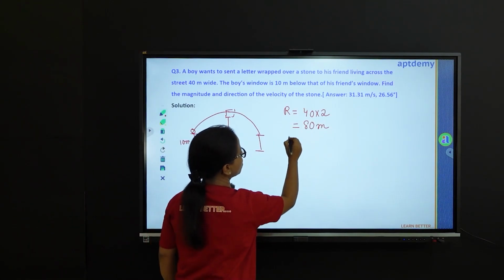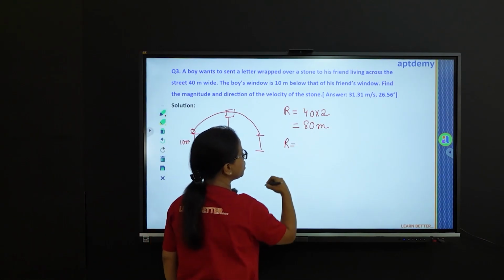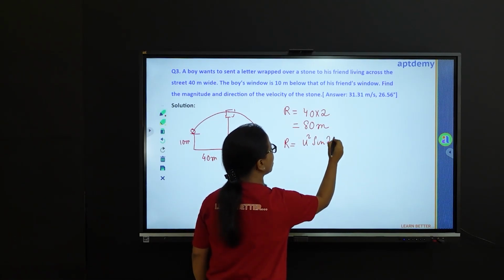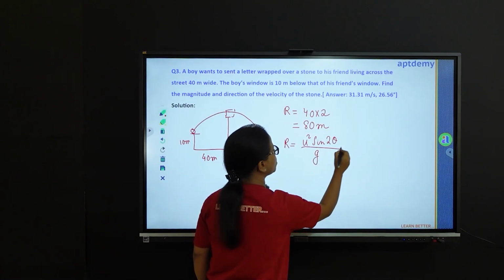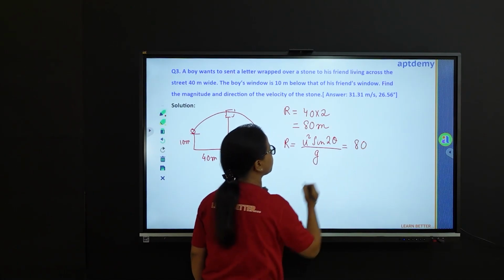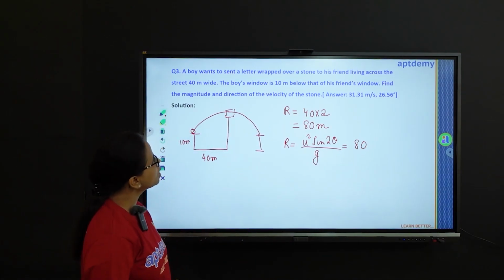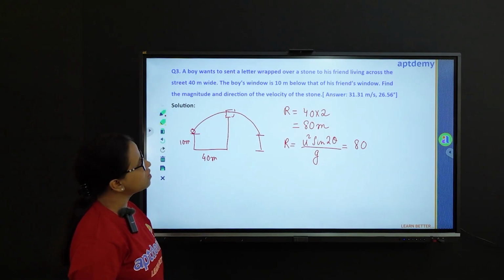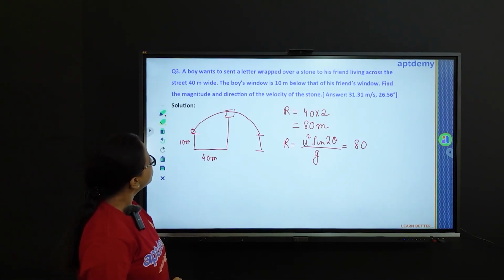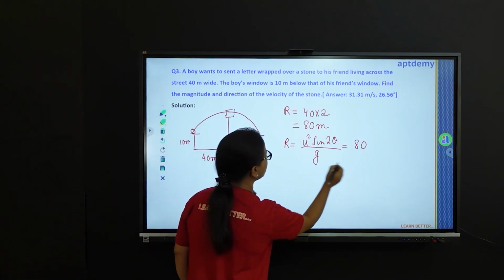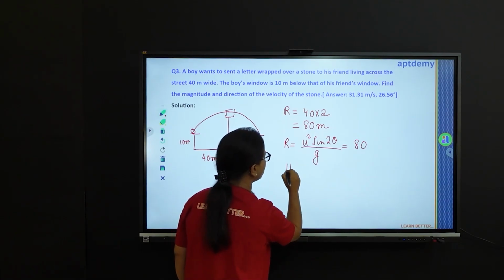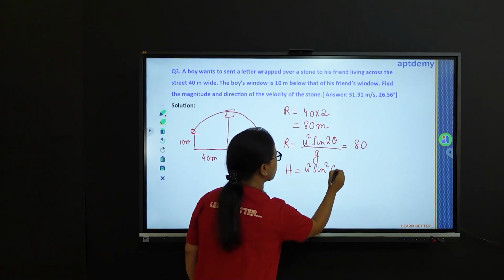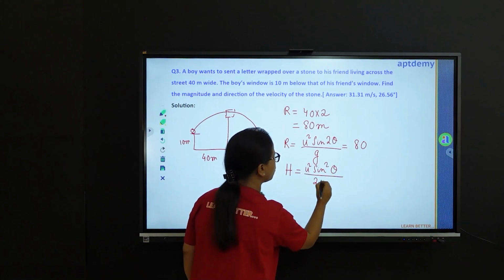So let me write an expression for range over here. Range is u square sine 2 theta by g, which is given as 80. This is an expression for range, and then we write down an expression for the maximum height achieved by the stone or the letter. So the maximum height achieved is u square sine square theta by 2g.